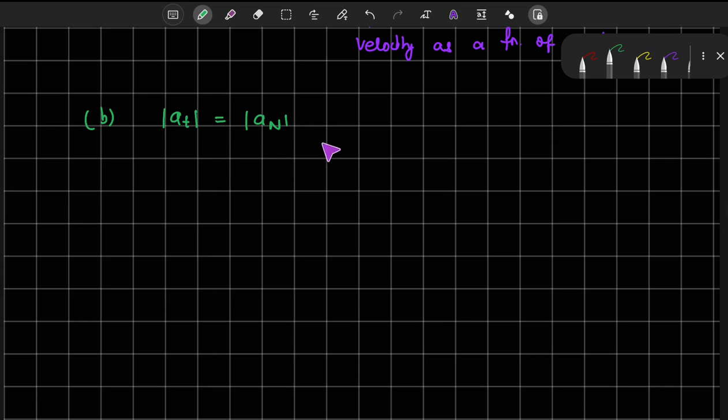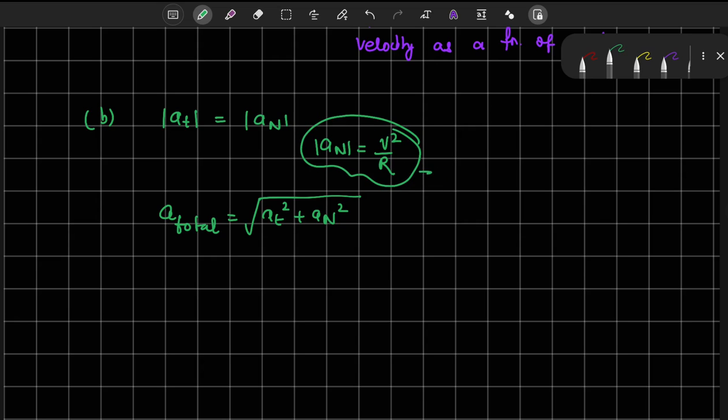So from here we can write the normal acceleration is equal to v square by r, and the total acceleration we can write it, let us denote it by a total, is equal to under root at square plus an square. Now first of all we have to find in terms of the velocity, so we can make use of this normal acceleration.